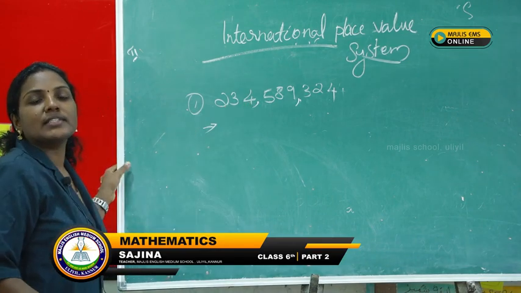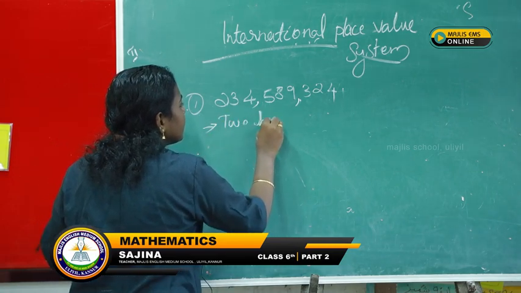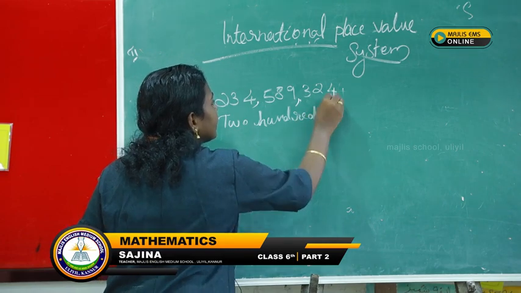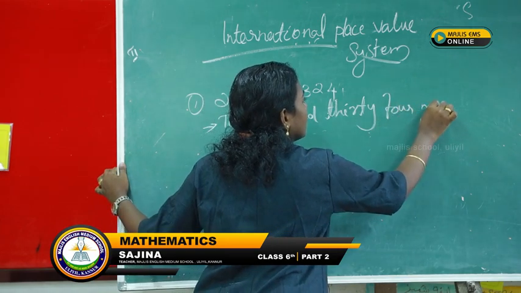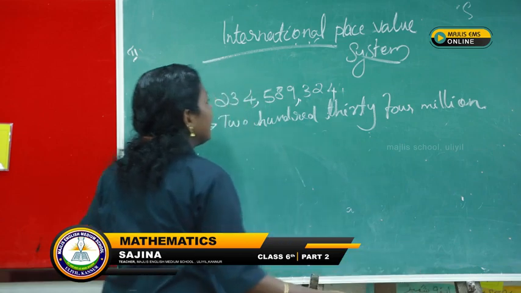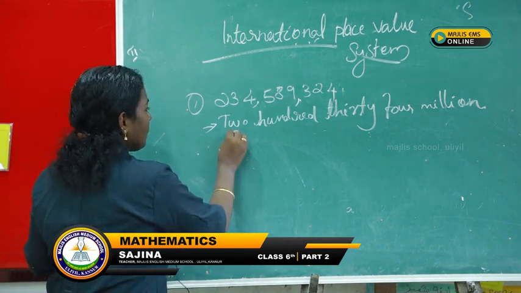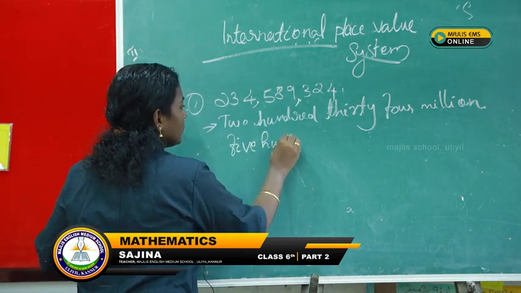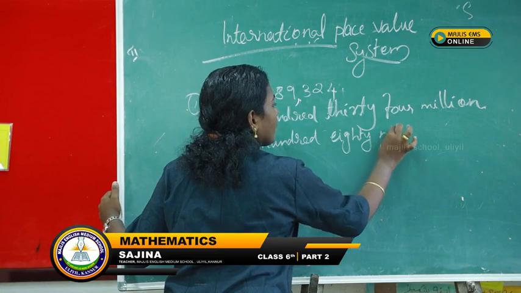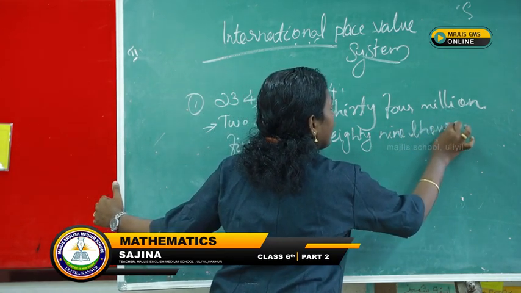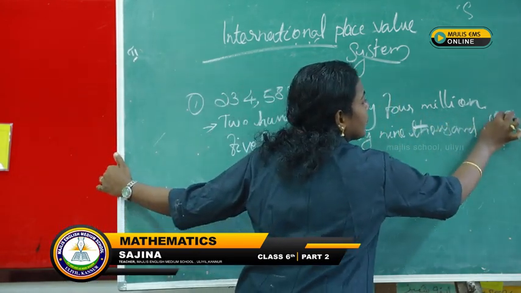Yes, 234. Therefore, we read it as 234 million, 589,000, 589,324.